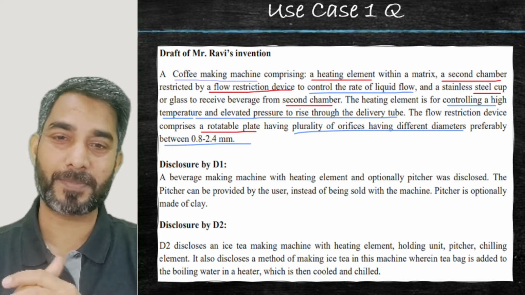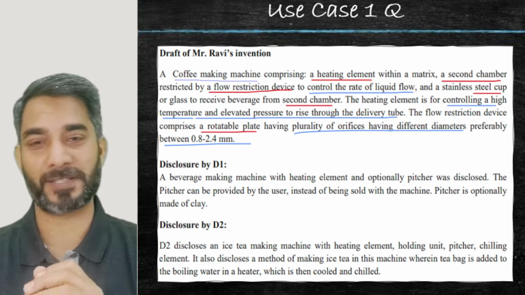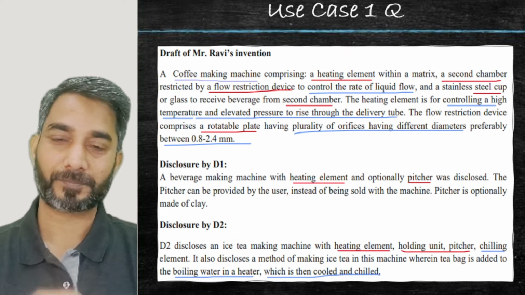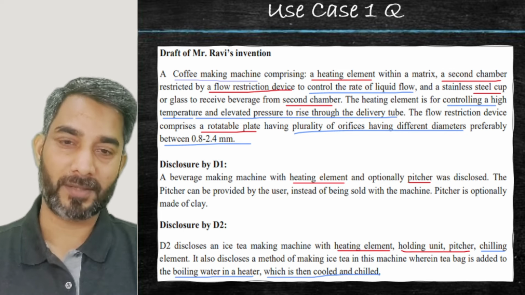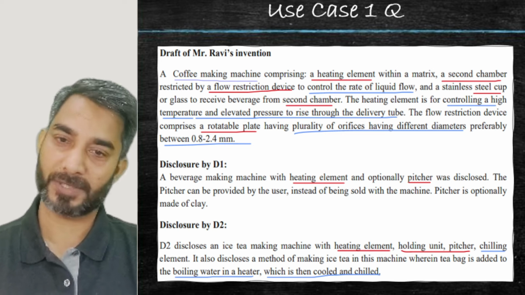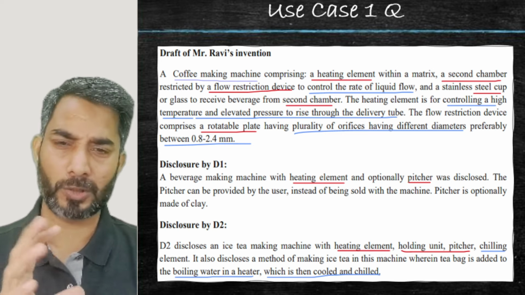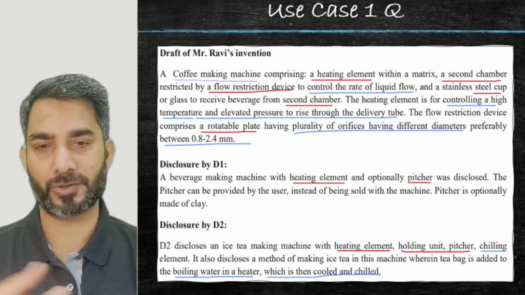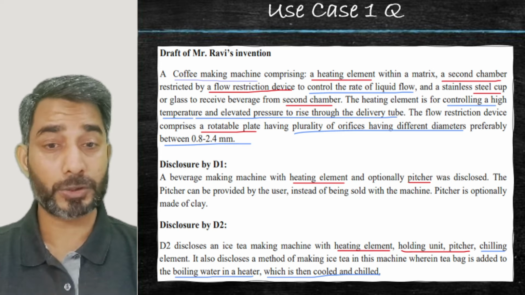The second step is to understand the references also. So let's do that as well. So reading D1, it's again a beverage making machine. Ours was a coffee making machine. This is a beverage making machine. Almost the same thing. Ours is more specific, coffee. It is beverage, which is applicable to anything. It also has a heating element.